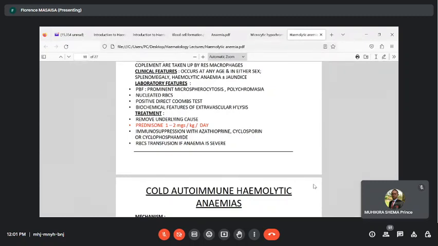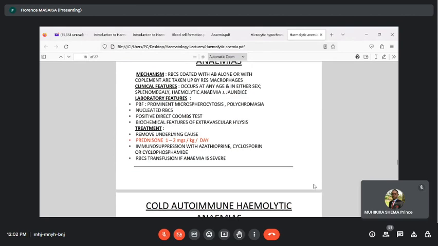When it works, good for the patient. When it does not work, we have to use strong immunosuppressants like azathioprine, cyclosporine, or cyclophosphamide. Then in case of severe anemia, we should also give blood transfusion.